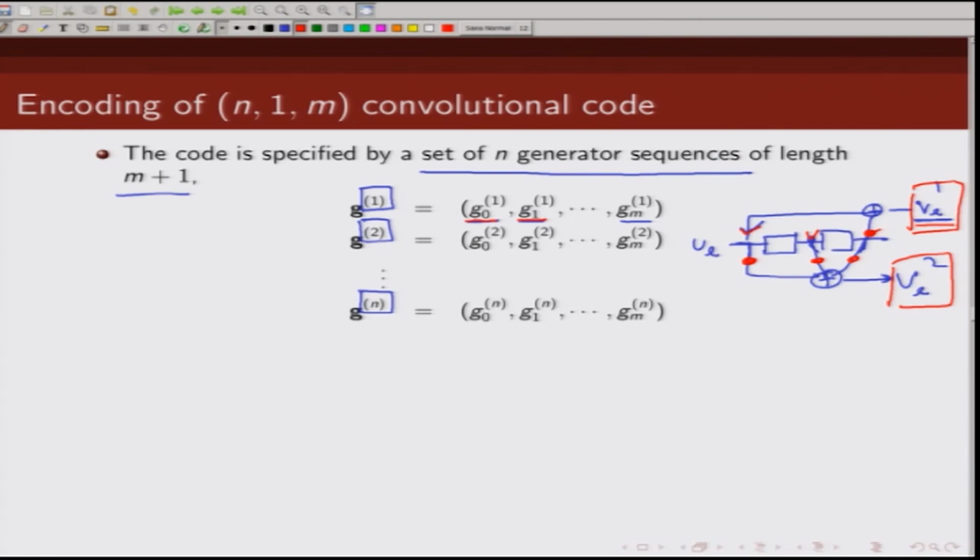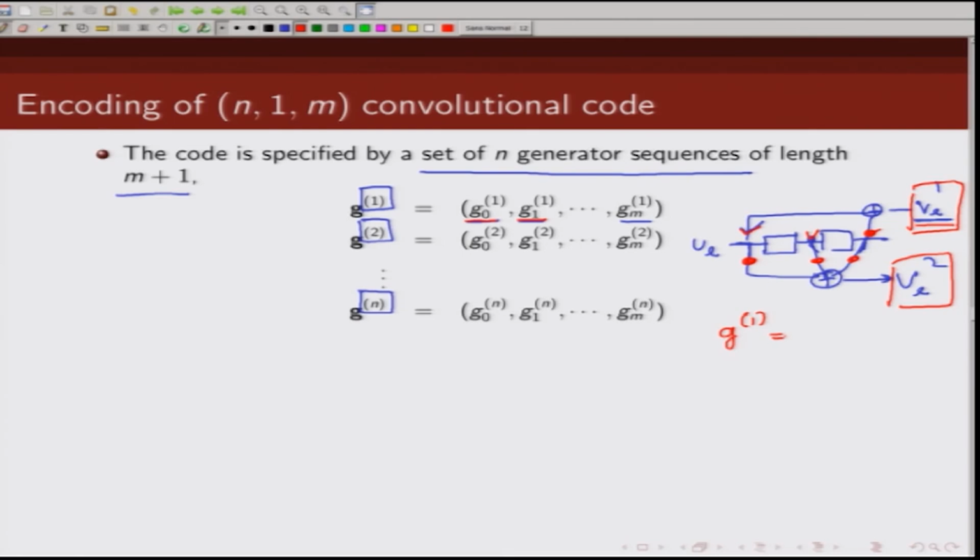So, what are these g01 and g11? They are either 1 or 0: 1 means they are participating, 0 means they do not participate. For example, in this example, is ul participating in the output sequence vl1?